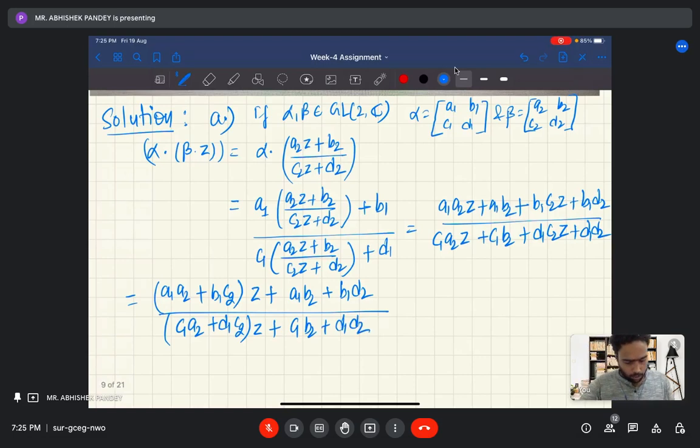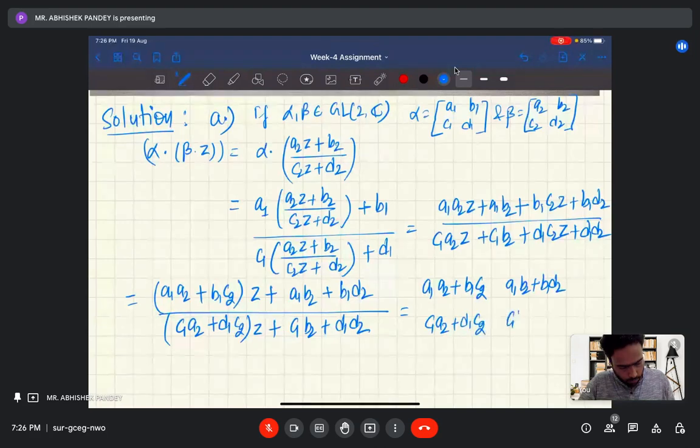So this is nothing but what we can write as the matrix a1 a2 plus b1 c2, a1 b2 plus b1 d2, c1 a2 plus d1 c2, c1 b2 plus d1 d2, into z, alpha dot z.